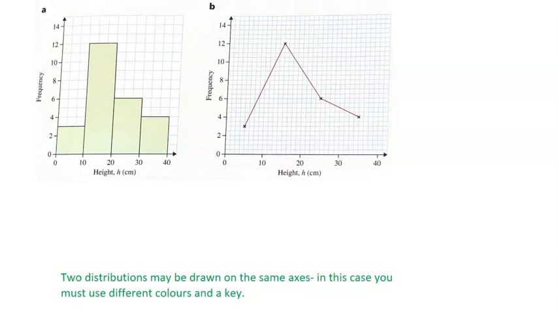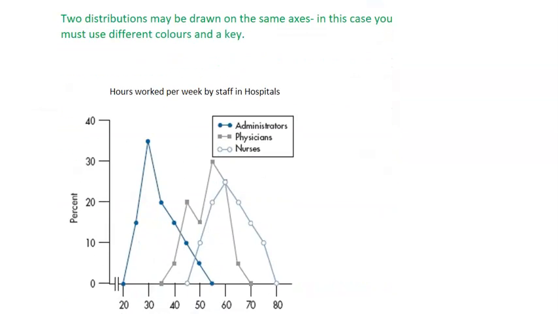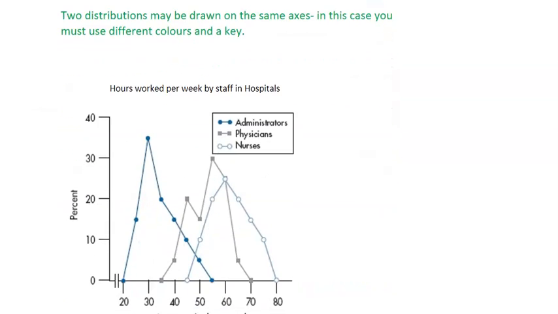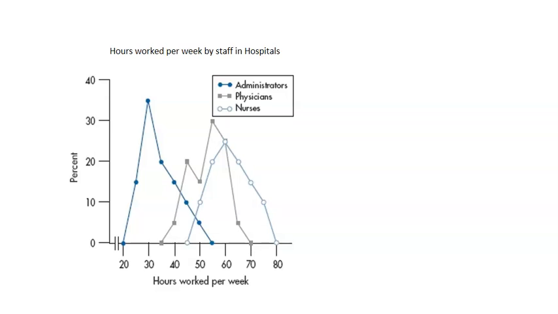Okay? Two distributions may be used on the same axes in case you need it and to compare your distribution, but you need to use different colors and, of course, a key. So the hours worked here, you can see that there are multiple hospitals. That's what's been depicted there.